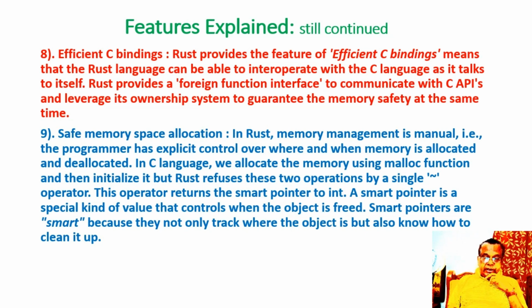Rust provides a foreign function interface to communicate with C APIs and leverage its ownership system to guarantee the memory safety at the same time.